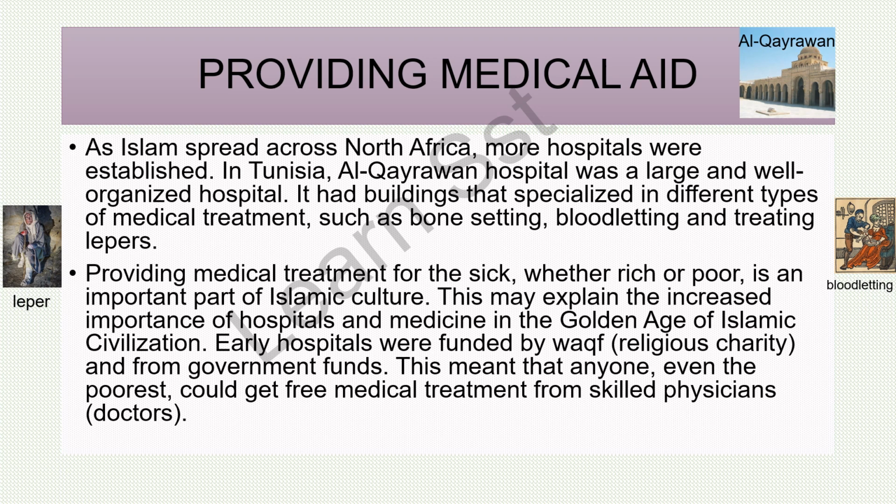The third thing is that there were charitable organizations and government funds, so that these hospitals can move on smoothly and help the poorest of the poor with free medical treatment and medicine.